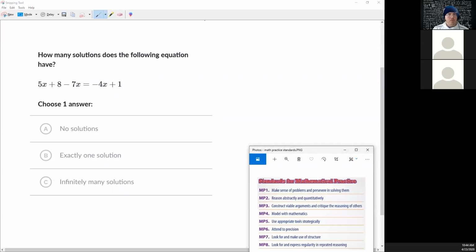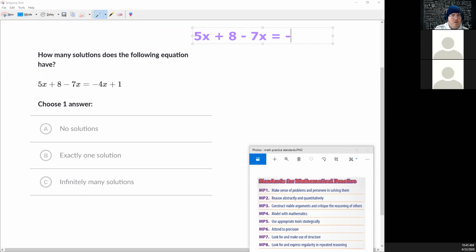Okay. So let's see. First thing I'm going to want to do is just write this down for myself. So 5x plus 8 minus 7x equals negative 4x plus 1. Double triple check. 5x plus 8 minus 7x equals negative 4x plus 1.